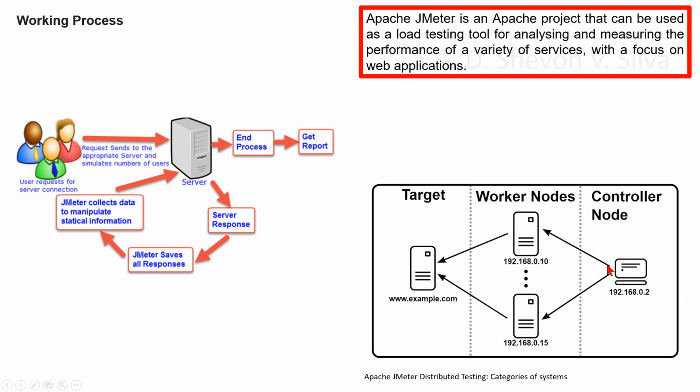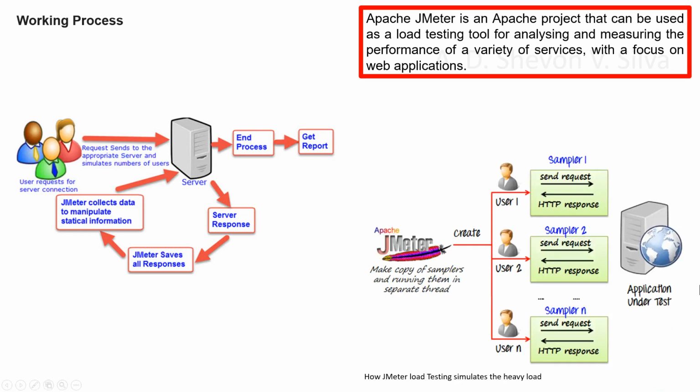Here the controller node is connected to worker nodes, and worker nodes are connected to the target. Here you can see how JMeter load testing simulates the heavy load.